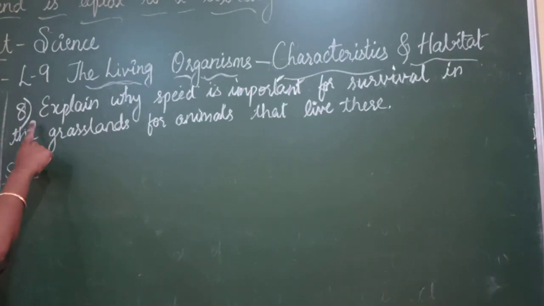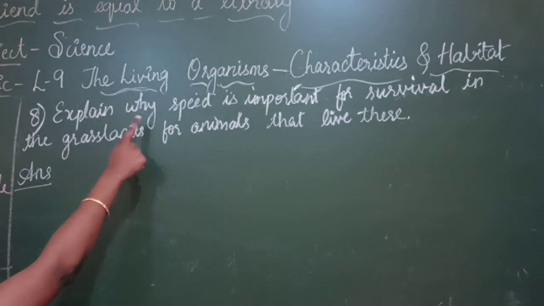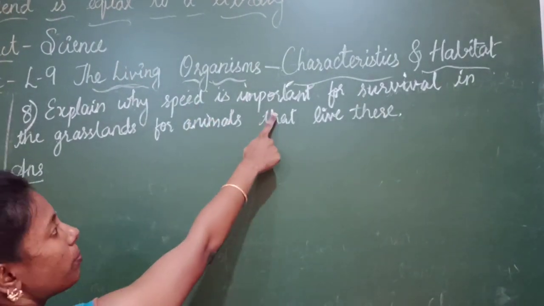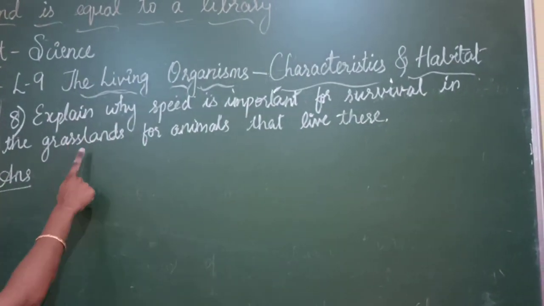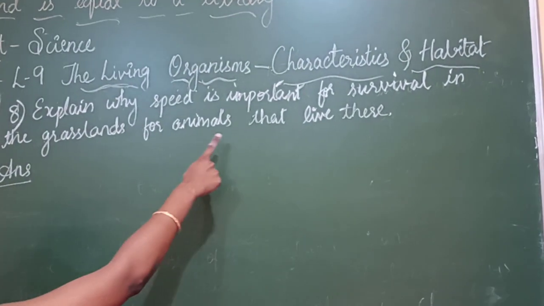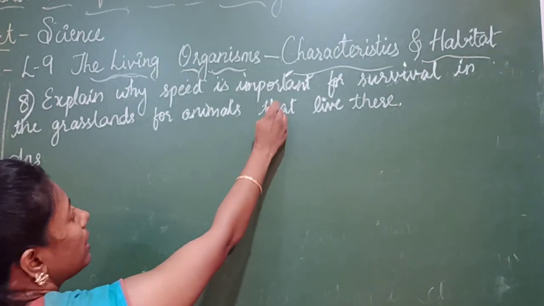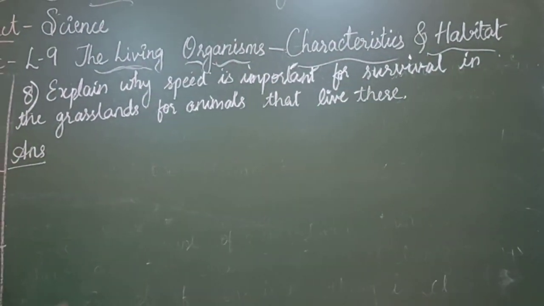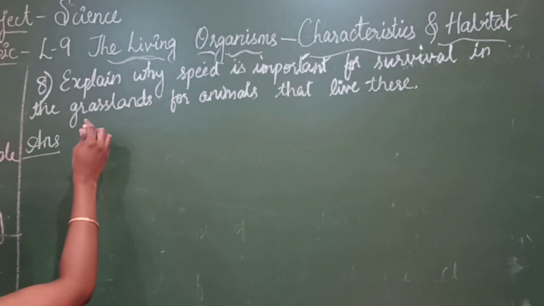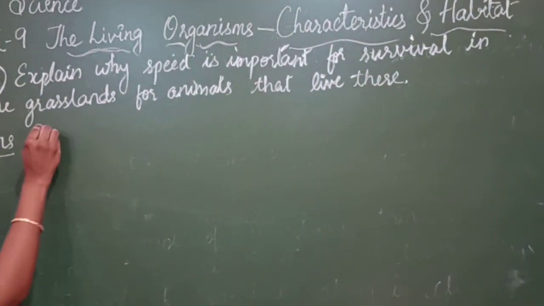Now write down the eighth question. Explain why speed is important for survival in the grasslands for animals that live there. Write down the answer.